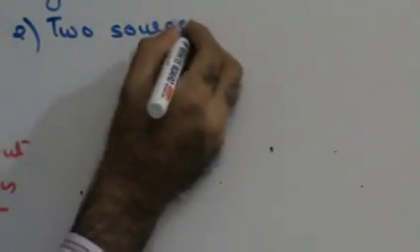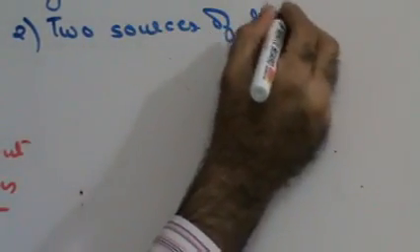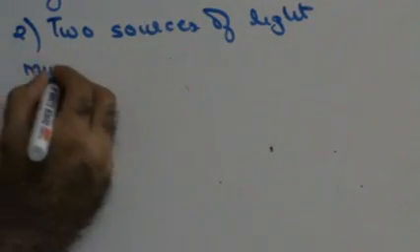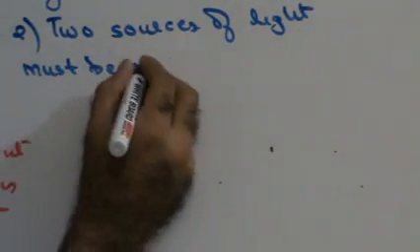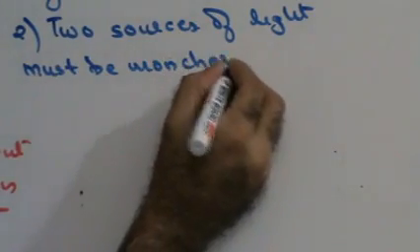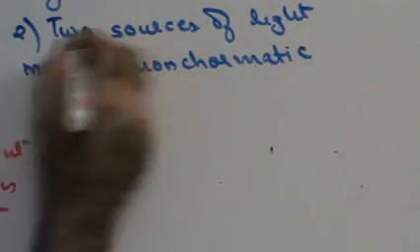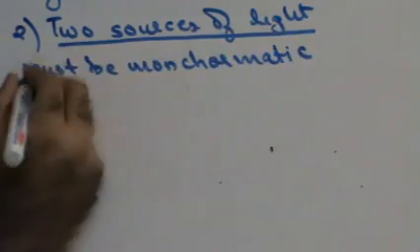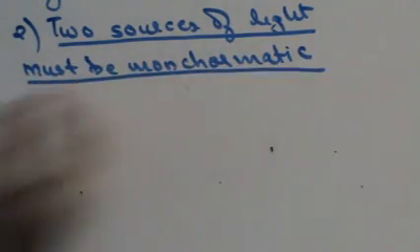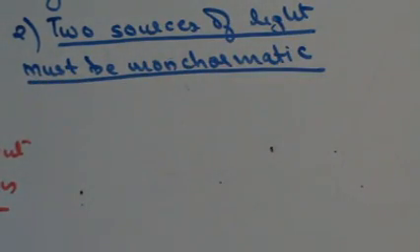The two sources of light must be monochromatic. Why can't I use a white source of light?